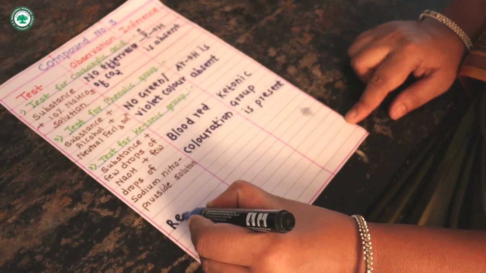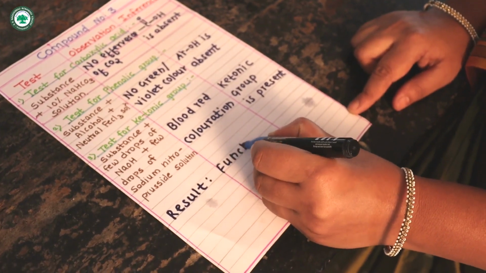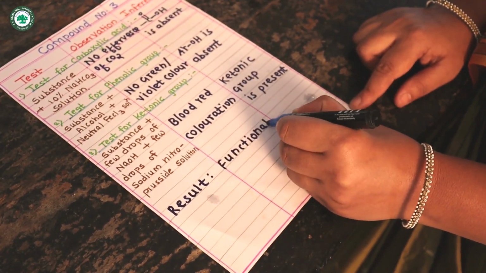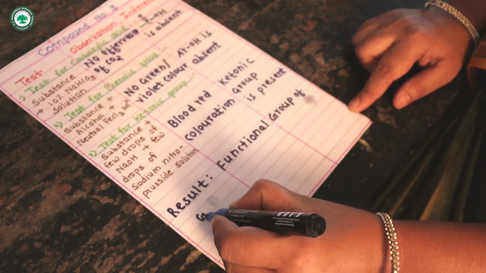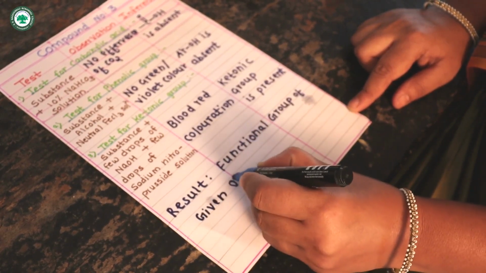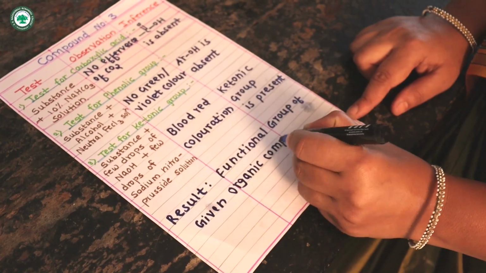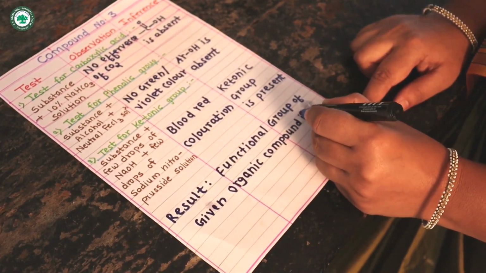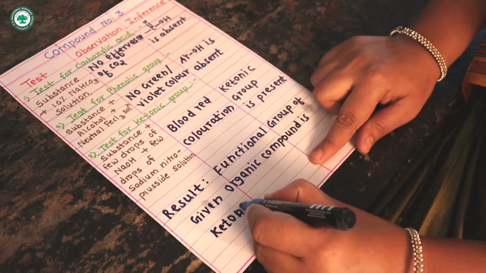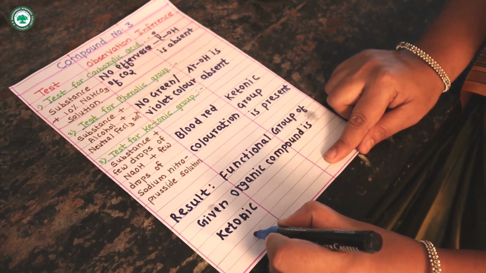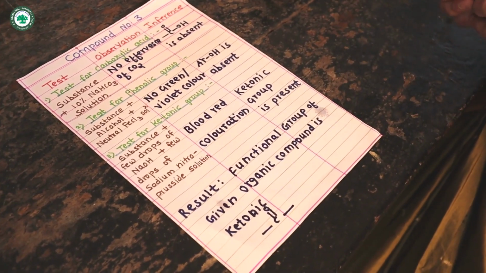Now result, functional group of given organic compound is ketone, ketonic functional group. Its structure is given.